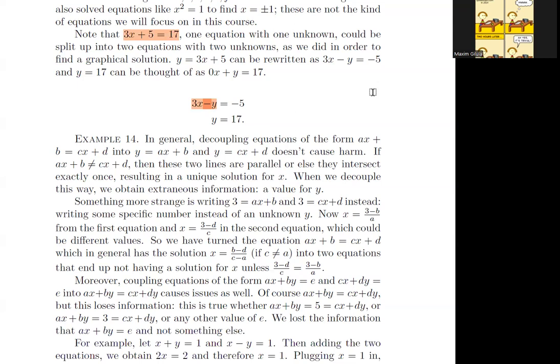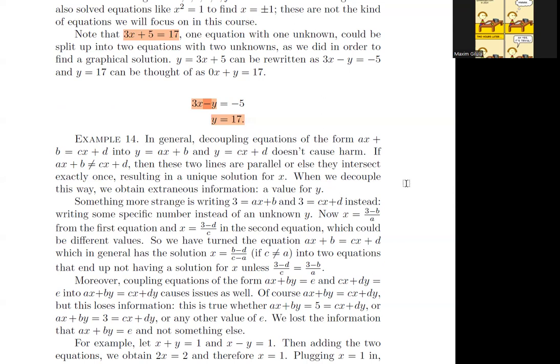And if they're parallel, they might not touch at all, in which case there's no solution, or they might be exactly the same line, in which case there are infinitely many solutions. Every single point on the line is a solution. So if you decouple this way, sometimes we obtain extraneous information like a value for y. There was no y we were solving for in the beginning, but now we get y, and y is 17 in this case.